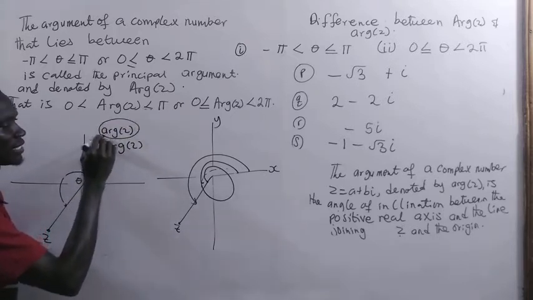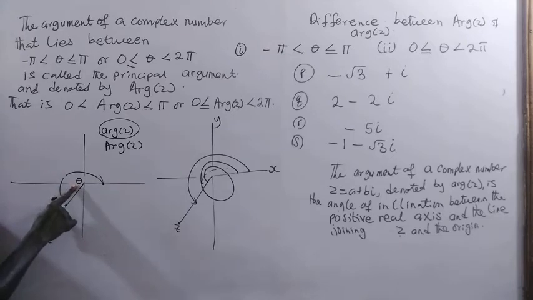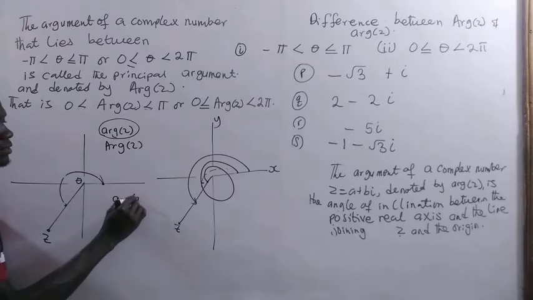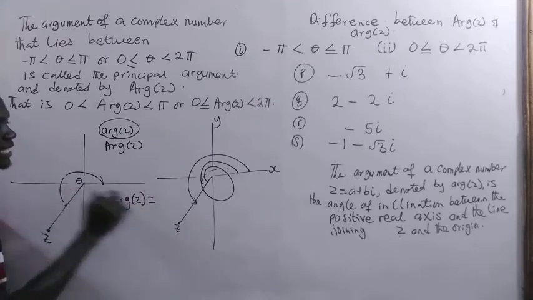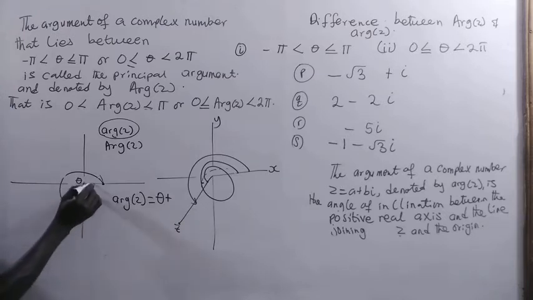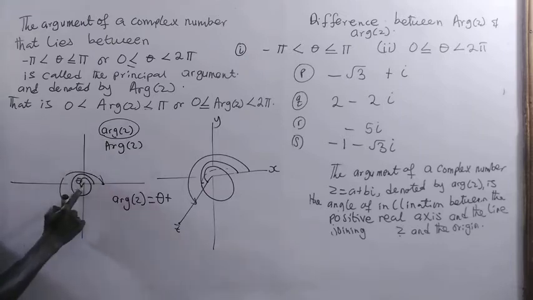But this argument does not take only this value. So here, this argument is equal to this theta plus, if I complete one revolution, I'll come back to that. That is, if I add 2 pi to it, then if I complete another, I've added 2 pi.